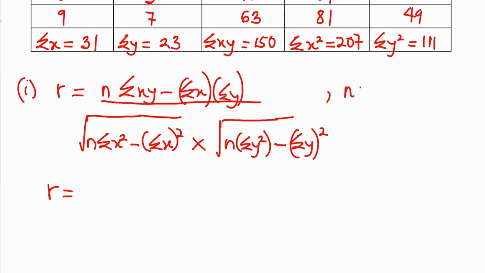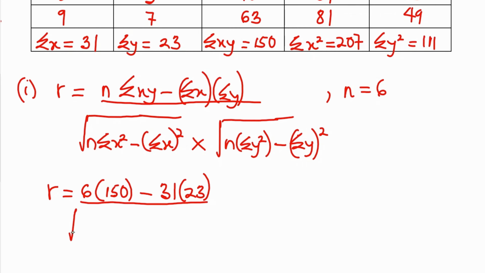So R is equal to 6 multiplied by sigma xy, which we saw to be 150, minus sigma x, that was 31, and then sigma y, that was 23, all divided by the square root of n, which is 6, multiplied by sigma x squared, 207, minus sigma x all squared, that was 31, so that becomes 31 squared.